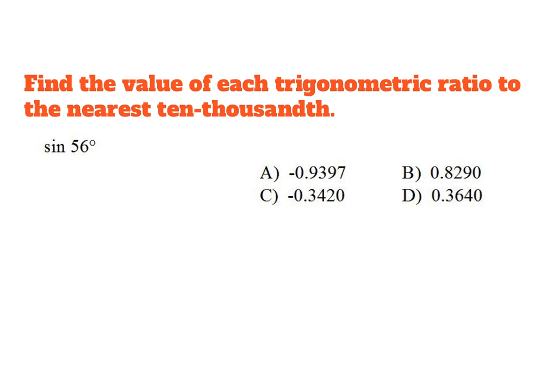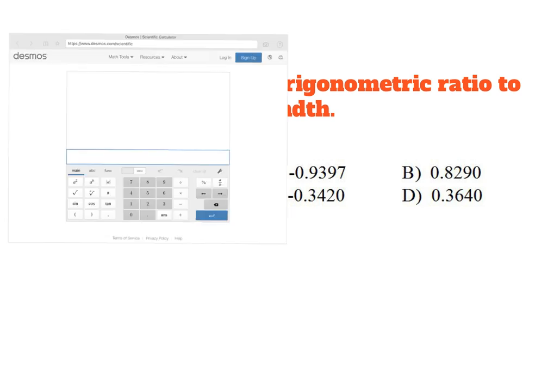You try. Find the value of the trigonometric ratio to the nearest ten-thousandths. We want to open up our calculator, and we are taking sine 56. And then I end up with 0.8290.